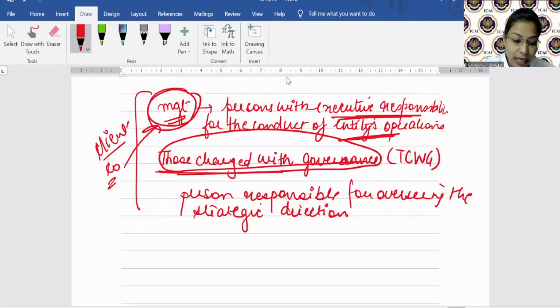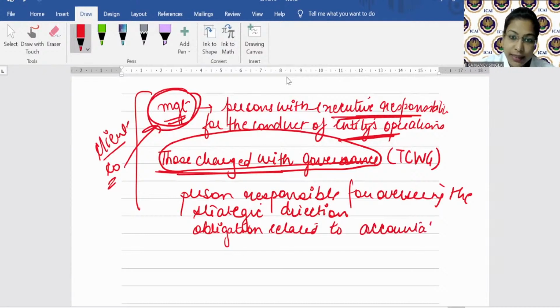And they have the obligation related to accountability. They are accountable, and they are responsible for overseeing financial reporting, for supervising.